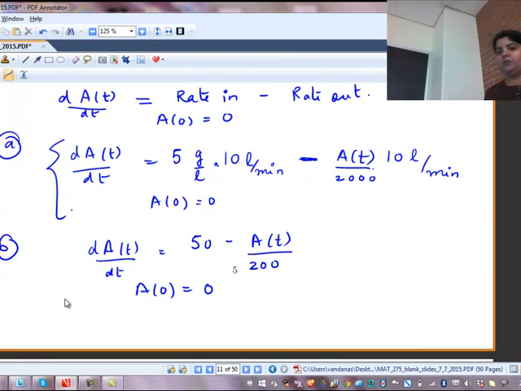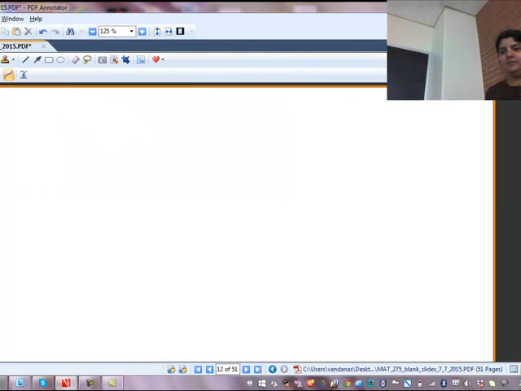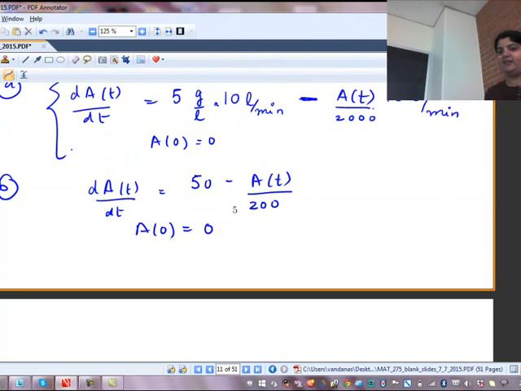Which one do you want to do? Let's do integrating factor, because it's a very simplified form here. So dA over dt, you convert into standard form, which is dA/dt plus A over 200 equals 5.